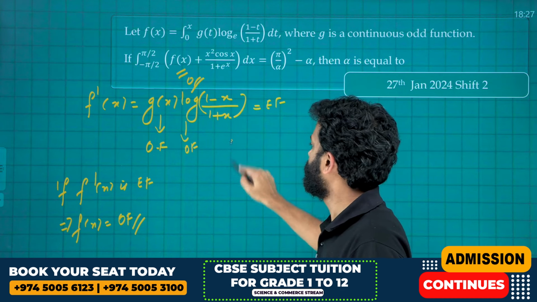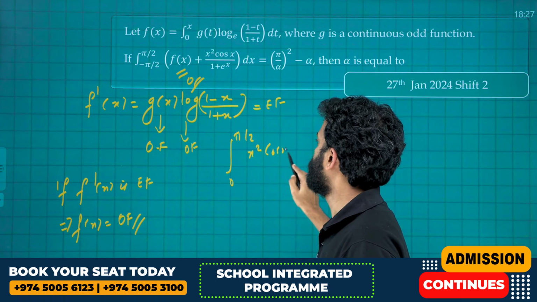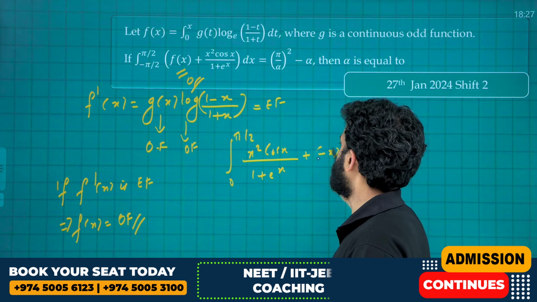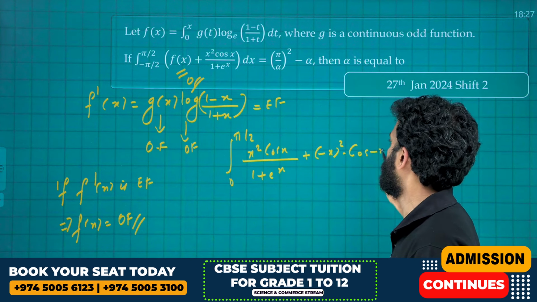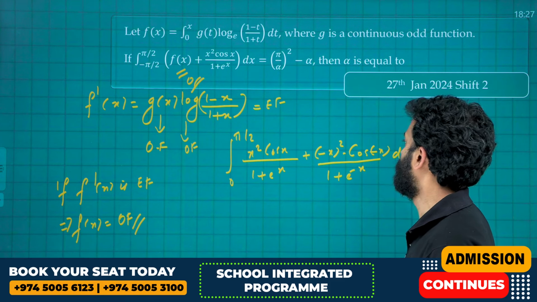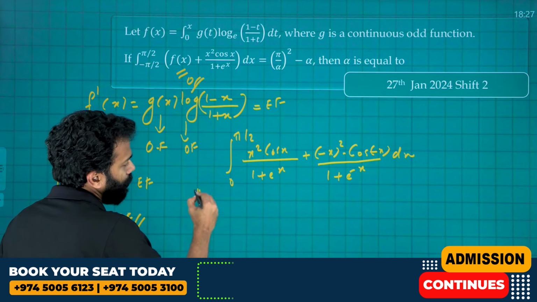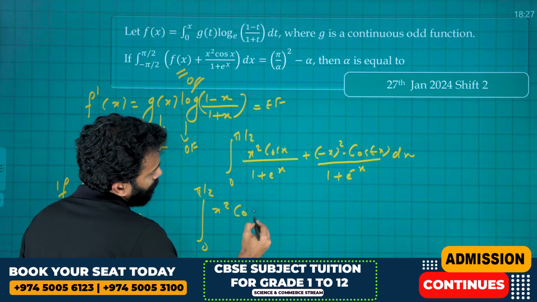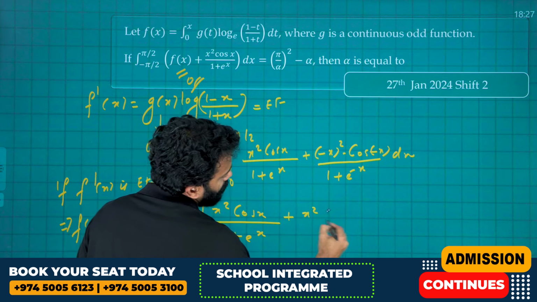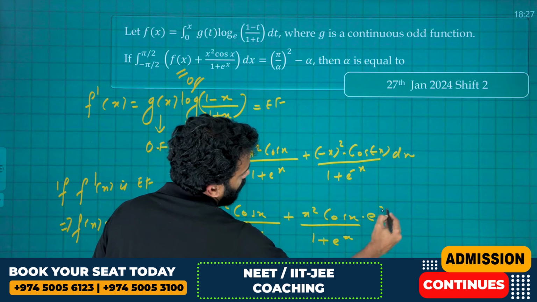Therefore, it can be written like integral 0 to pi by 2 of x square cos x divided by 1 plus e raised to x, plus minus x the whole square into cos of minus x divided by 1 plus e raised to minus x, dx. Okay, and it will be integral 0 to pi by 2 of x square cos x divided by 1 plus e raised to x, plus x square cos x divided by 1 plus e raised to x into e raised to x.